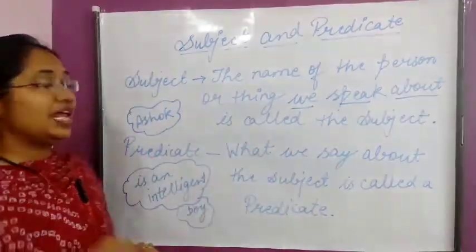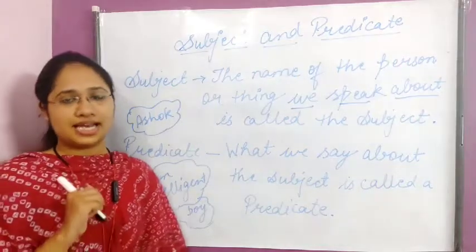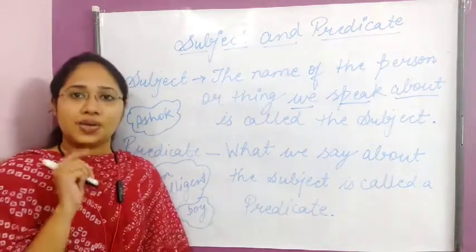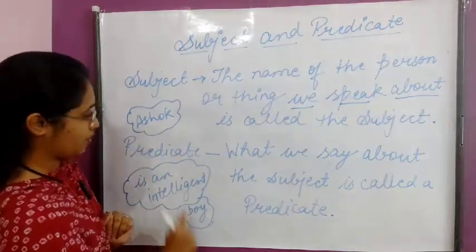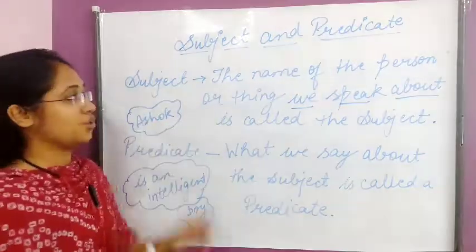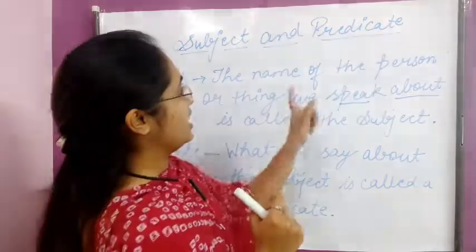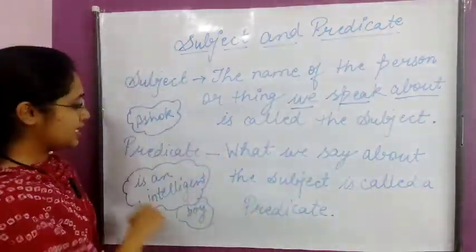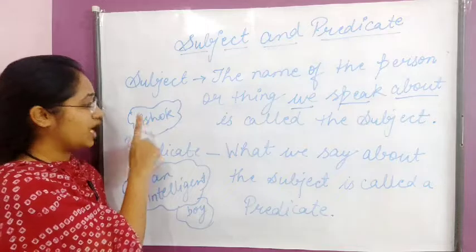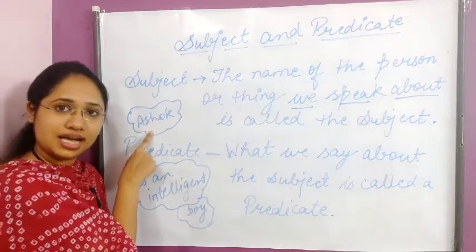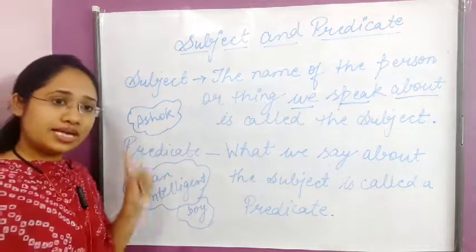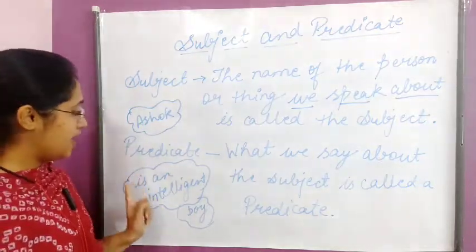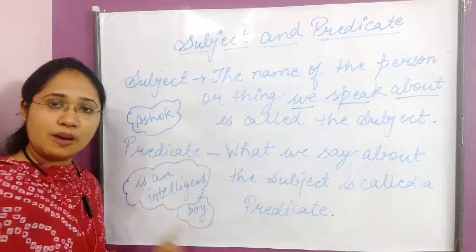For example, if I am saying Ashok is an intelligent boy. In this sentence, Ashok is the name of the person we speak about. So here Ashok is the subject, and what we say about Ashok, is an intelligent boy, is the predicate.